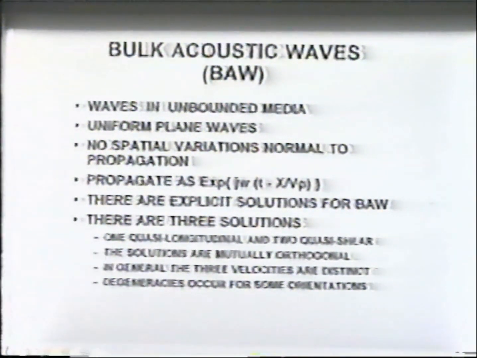For some orientations and some materials, you will get degeneracies, where you will have, for example, the commonest one, 2 shear velocities exactly equal. So if we're dealing with propagation in this direction, then there's a shear velocity with polarization that way, which has the same velocity as a shear wave with polarization this way. And then there will be a longitudinal wave with polarization along the direction of propagation.